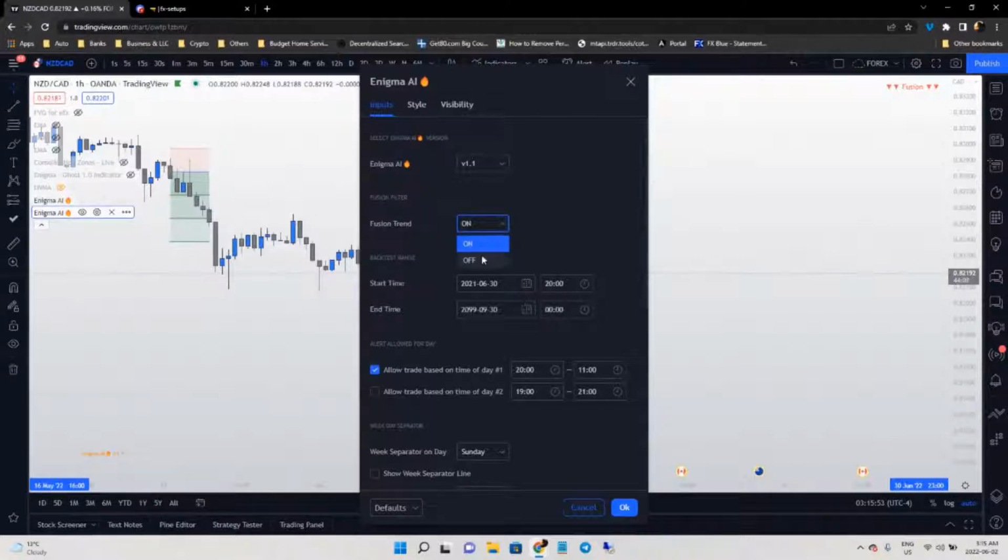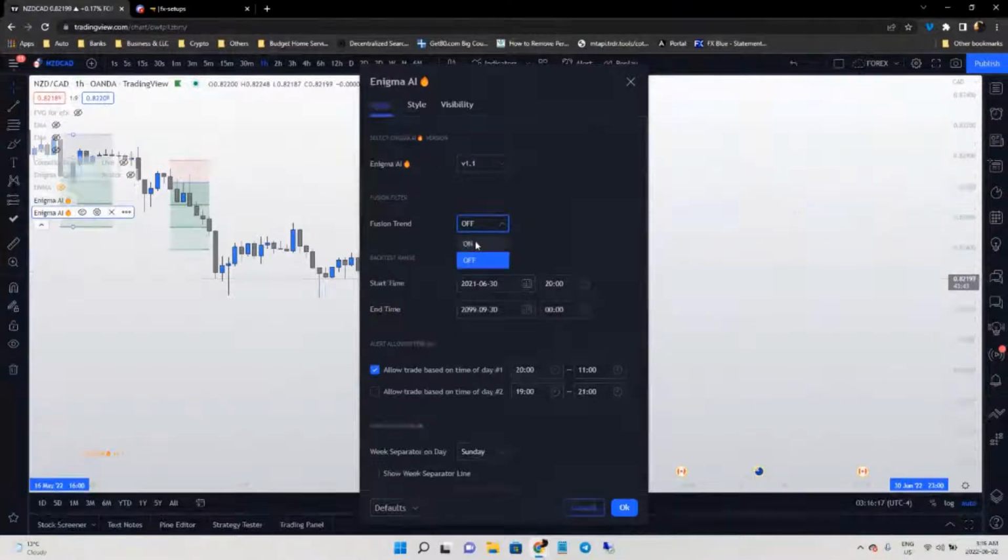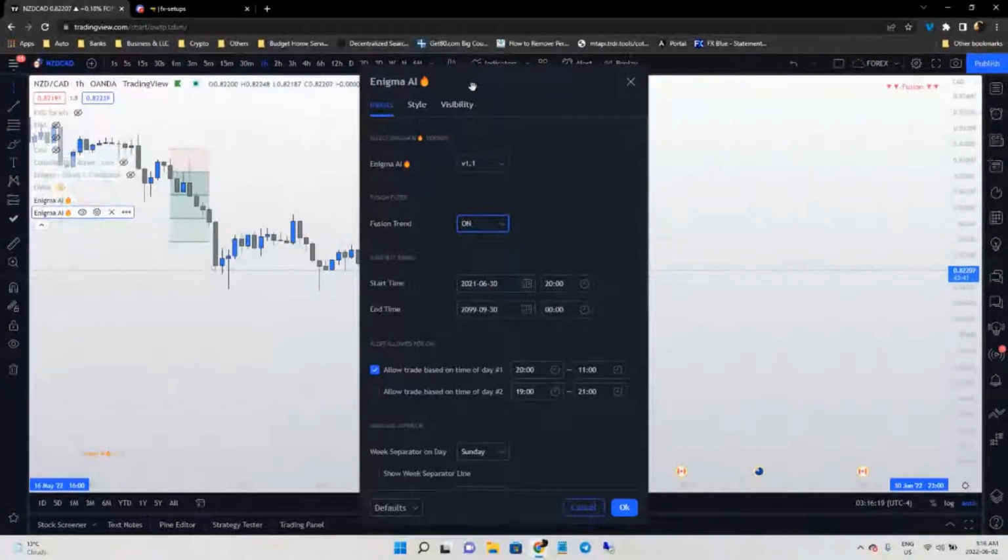Okay, so if you receive a trade idea, make sure to toggle on and off if you're on the version 1.1, because those signals are sent out with that. Regardless of the version here, the trend filter is basically on the 1.1, most of the time. So just toggle on and off, like you see.